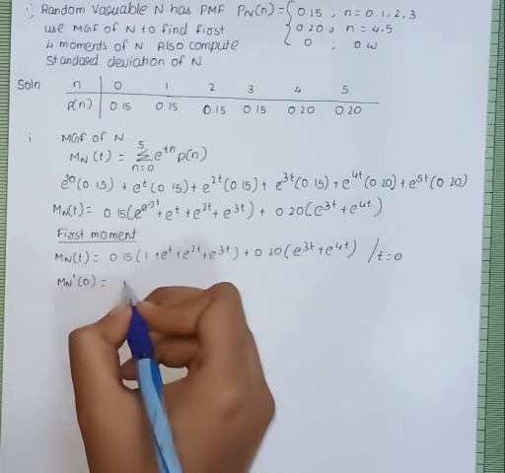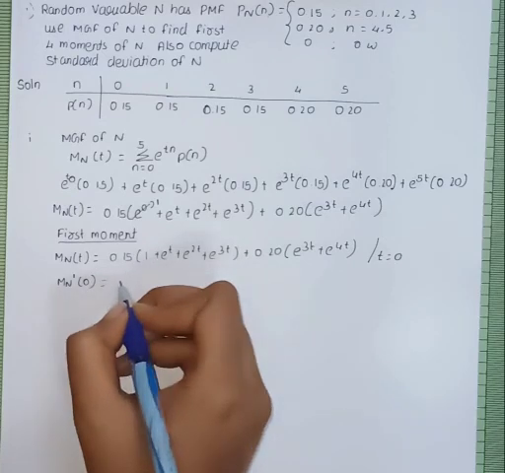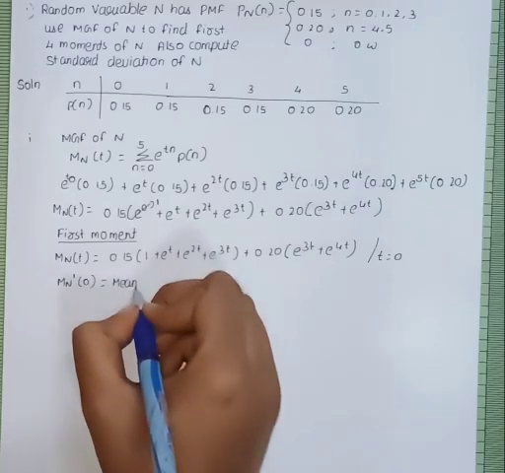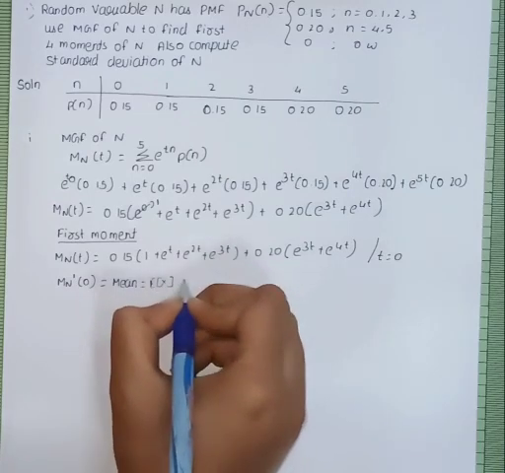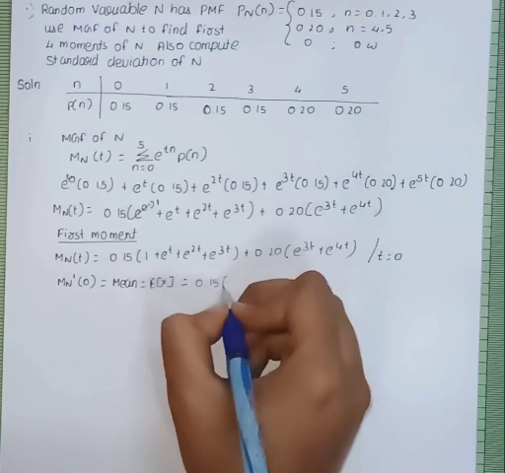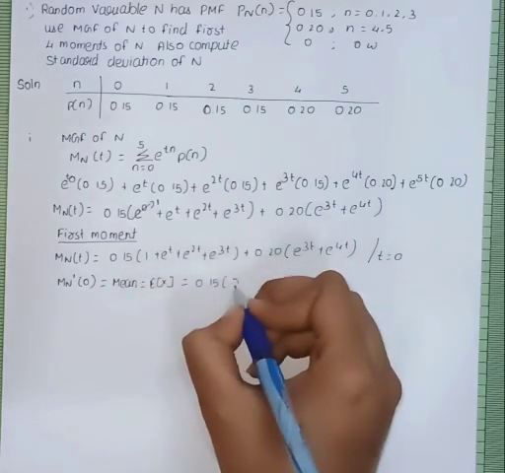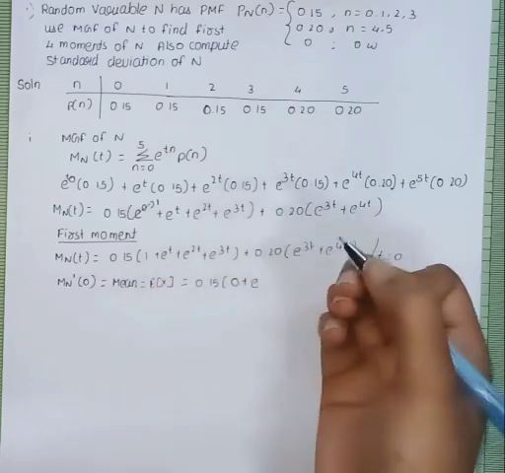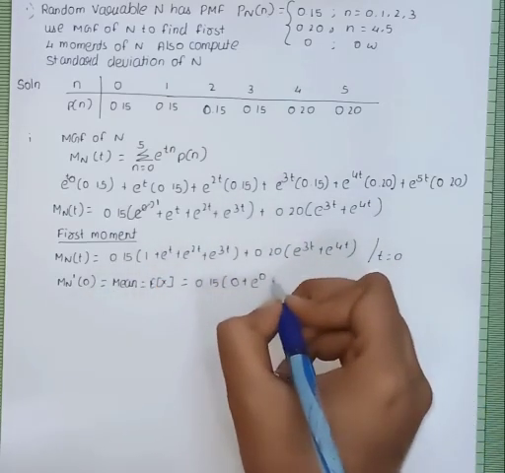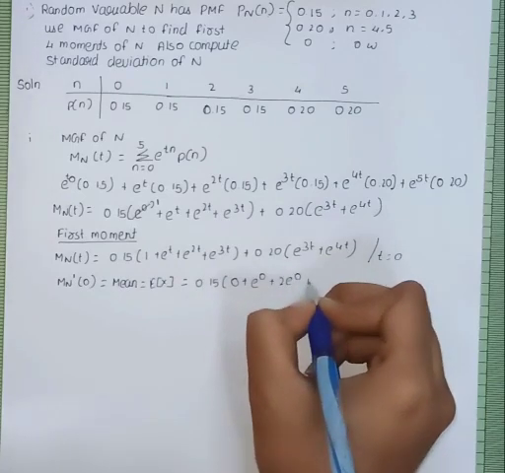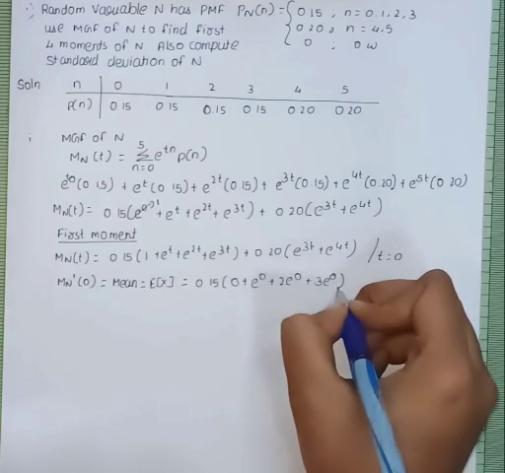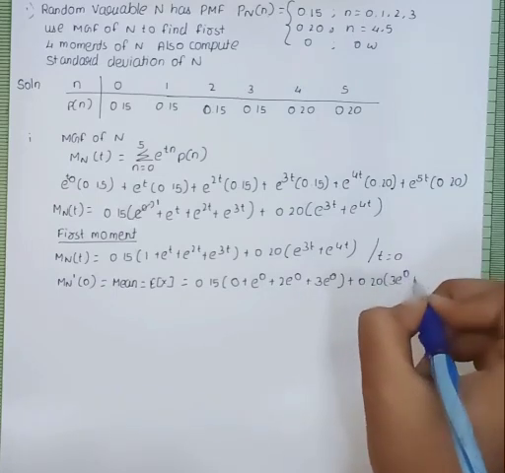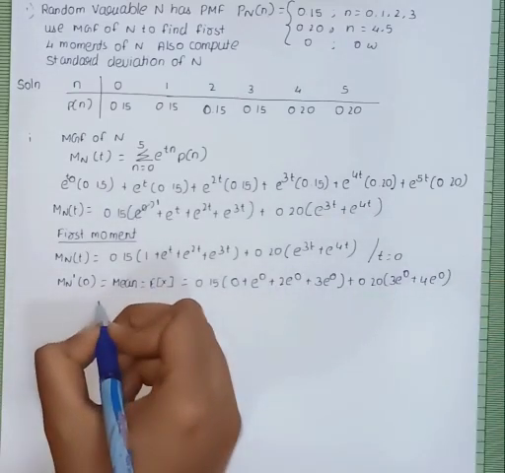I'll do the differentiation as well as substitute 0 simultaneously, which is nothing but the mean, that is E of X. So I'll take 0.15, and the differentiation of 1 is 0, then as it is, and e power t differentiation is e power t, and substituting t equals 0 it is e power 0, and this will be 2 into e power 0 plus 3 into e power 0, bracket close, plus 0.20, this will be 3 into e power 0 plus 4 into e power 0, bracket close.